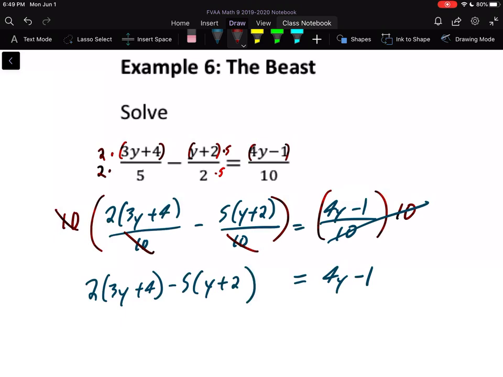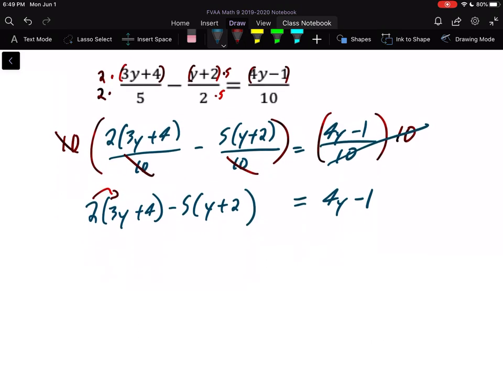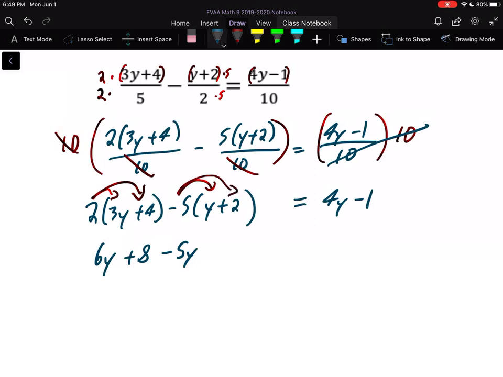be able to consolidate our variables and constants onto the left-hand side or the right-hand side, respectively. So 2 times 3y is 6y. 2 times 4 is 8. Negative 5 times y is negative 5y. And negative 5 times 2 is negative 10, is equal to 4y minus 1.